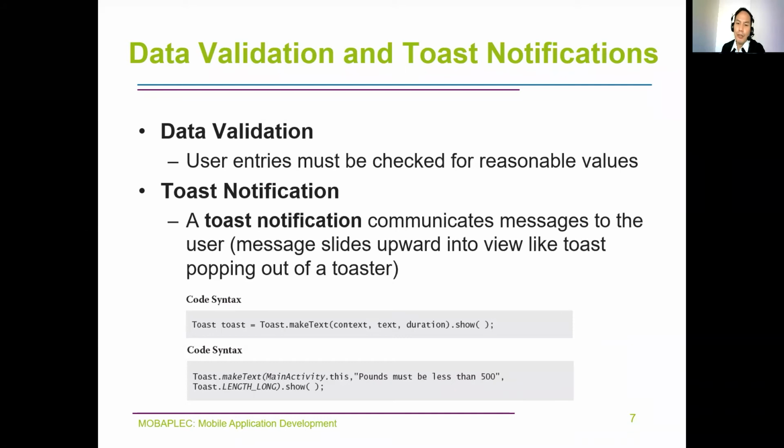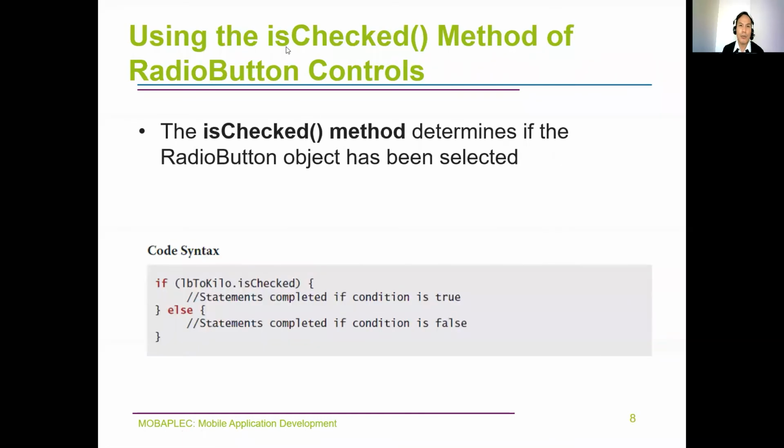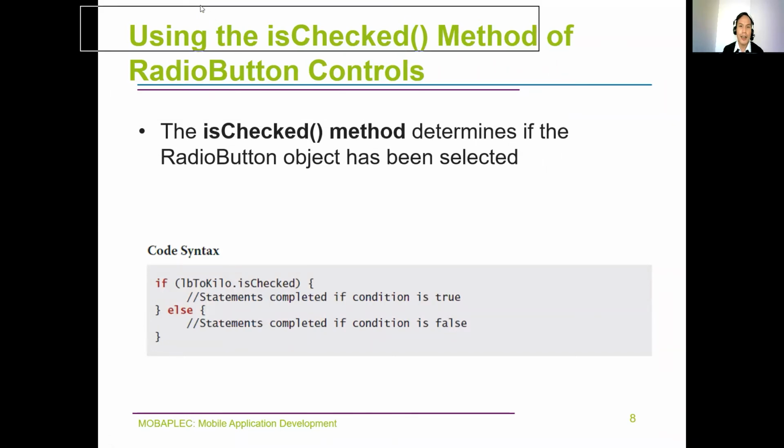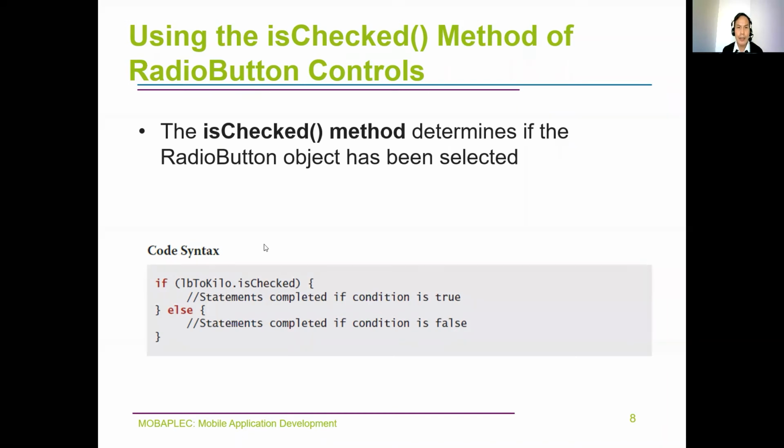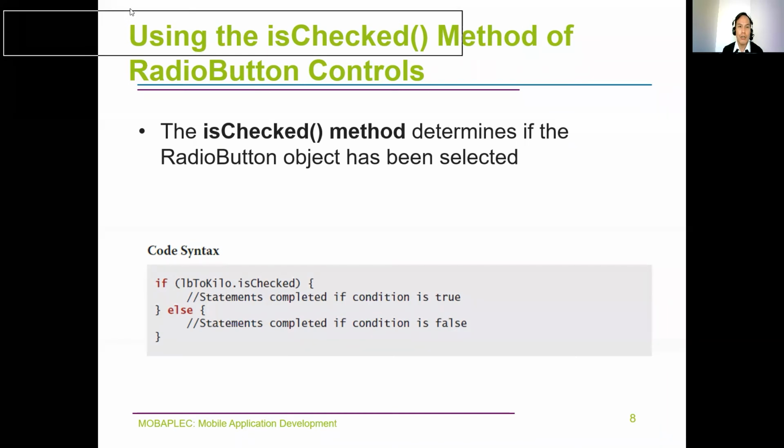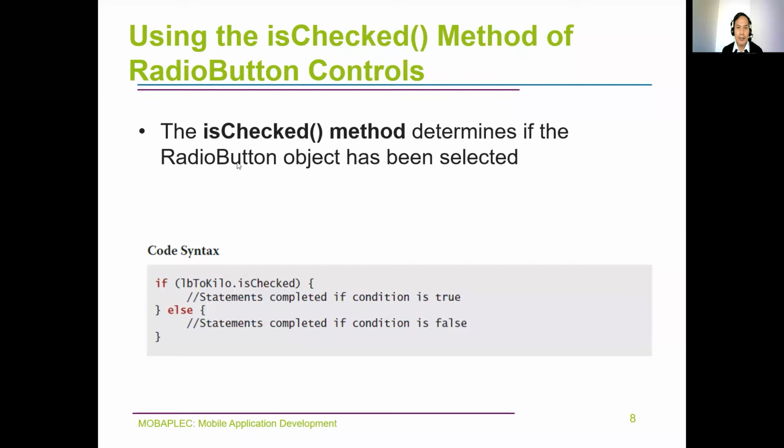So now we proceed with the next slides. Here we have the checkbox. So it's the isChecked method, which we could also use in radio button controls. This method determines if the radio button object has been selected.